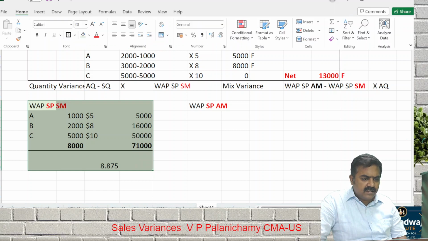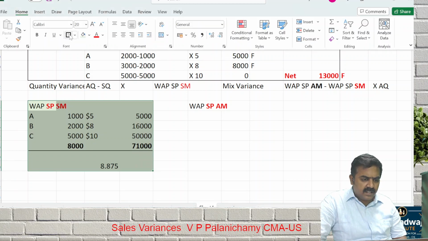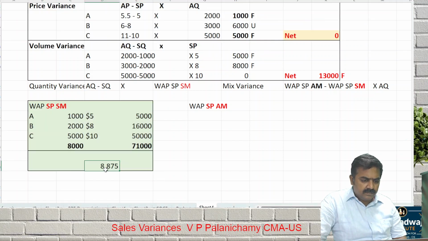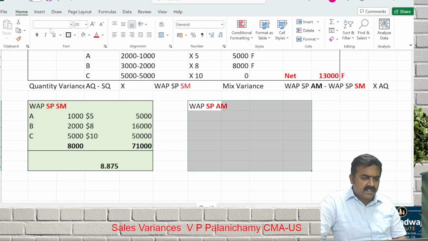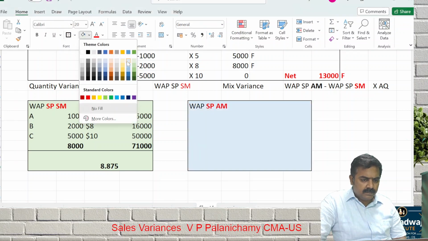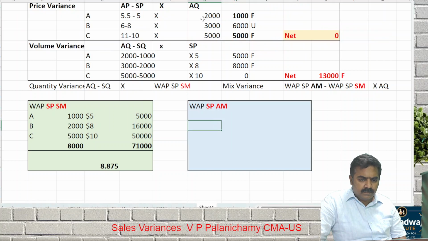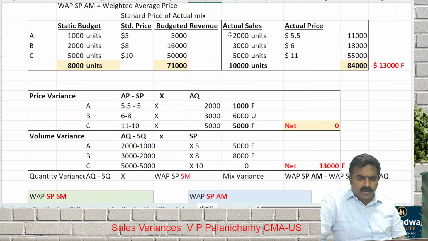This is weighted average standard price of standard mix. 8.875. Weighted average standard price of actual mix also we need. What is actual mix?